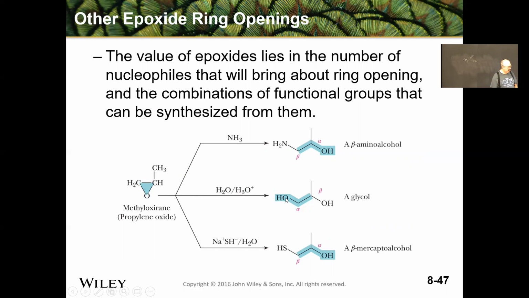We can form a glycol, like propylene glycol here from propylene oxide. We could also form a beta mercaptoethanol. Okay, SH as a substituent is a mercapto group, and we'll talk about that shortly.